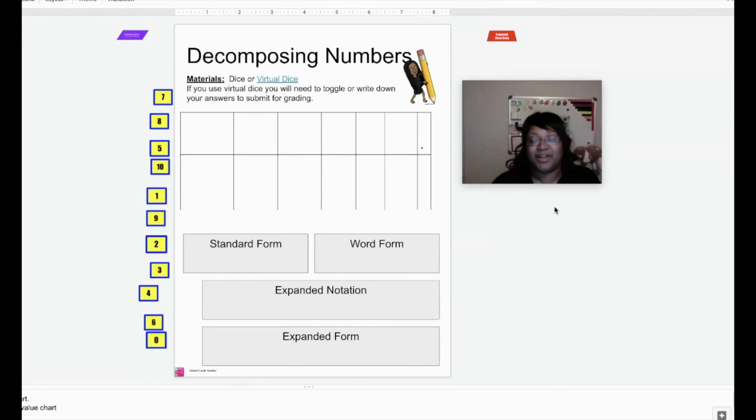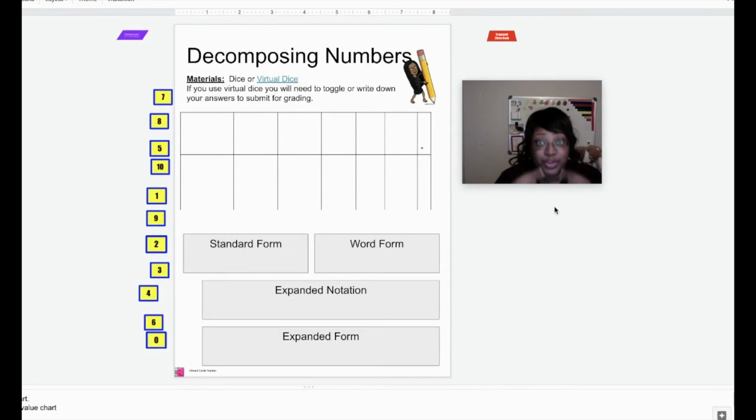All right, very good. So then we have expanded form, which shows the value of the digits, how much each digit is worth. And you have standard form. Standard just means the normal way to write a number. And then word form. Okay, and word form is written form.